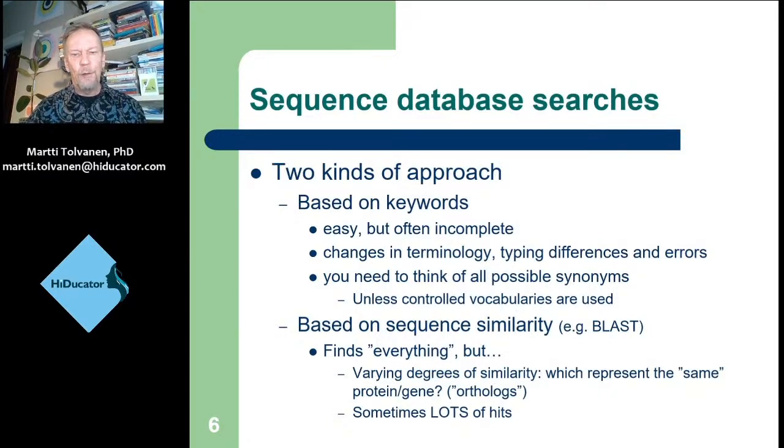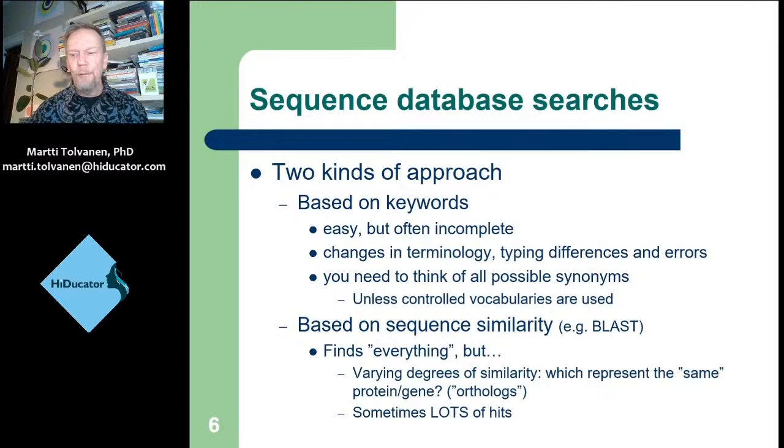And the controlled vocabularies are a big help in that, but still you might need to look at your controlled vocabulary. For instance, you might look at the Gene Ontology molecular functions to figure out which are all the terms you want to use when you need to be looking at, let's say, innate immunity or signal transduction in innate immunity.